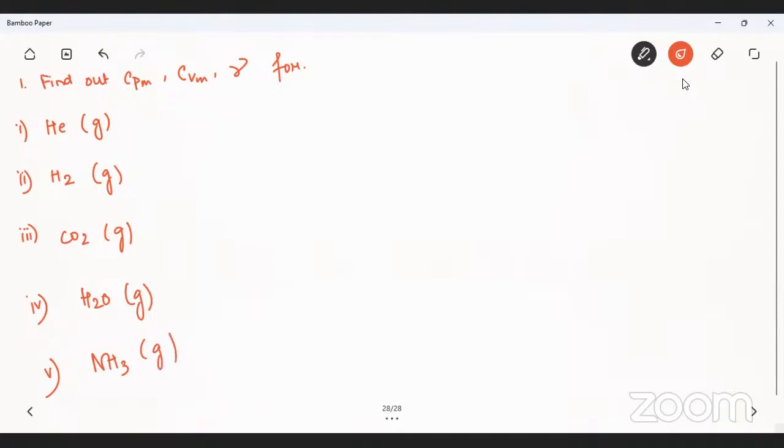Now calculate and tell me if you have really understood CPM, CVM, and gamma. How much did you understand from this? I want to see. Just try once. It is not like something you have to do. Just try, I am here to explain.